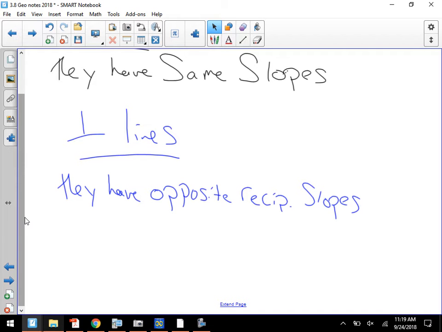What is opposite reciprocal? Remember that? There were a bunch of ways that we said this. Opposite reciprocals, that means opposite signs. Opposite signs, look correct. That's all it's saying. It's a fancy way of saying it.